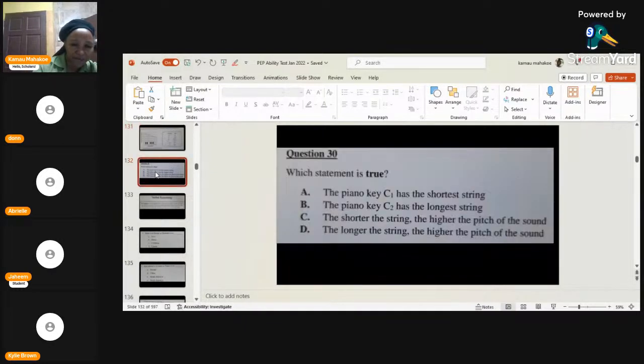So we can safely say the answer is C. The shorter the string, the higher the pitch. And this is something you can test out at home. You can have strings of various lengths, tie them tight, and you can hear the difference in sounds between the longer ones and the shorter ones.